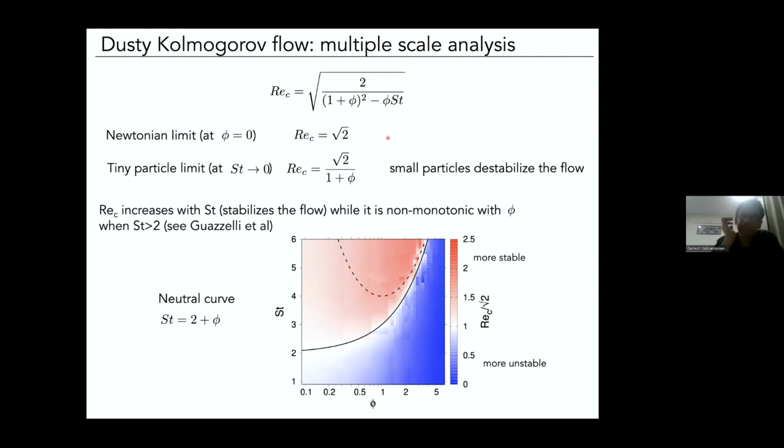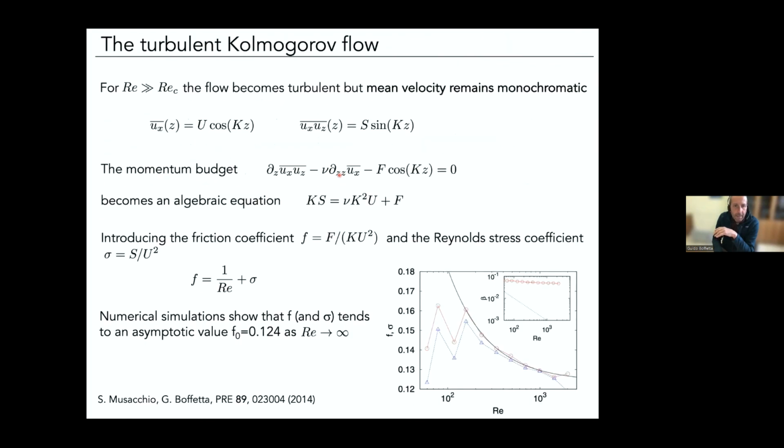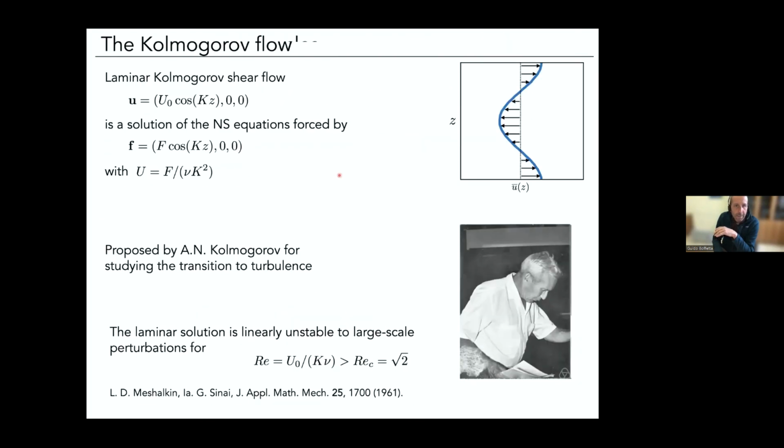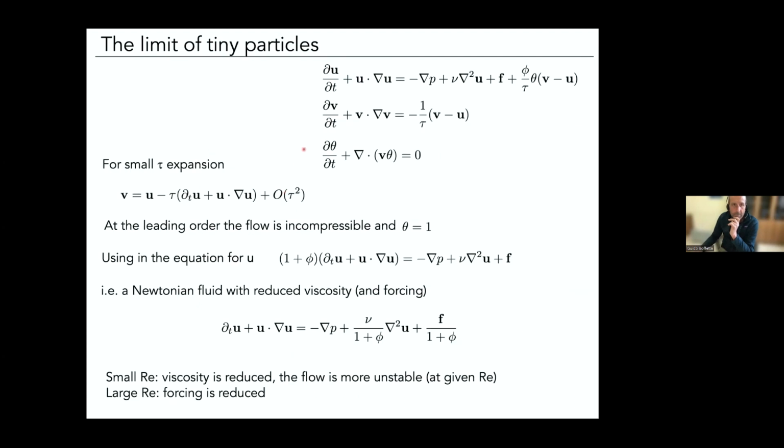Okay, so the limit of small Stokes can be understood because this is the general argument which was already raised by Saffman.